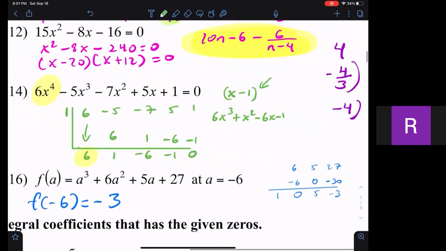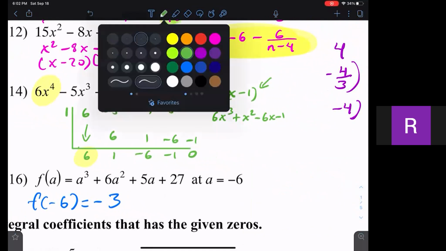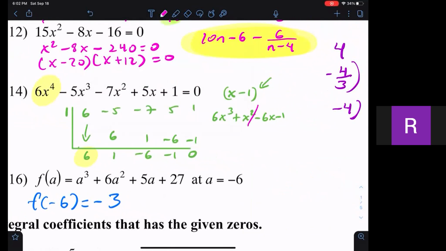Now we can do what? Let's see if factoring by grouping works. And indeed, it works. Thank God. So here, x squared, and then this is going to be 6x plus 1, and then we have negative 6x minus 1, that works out.